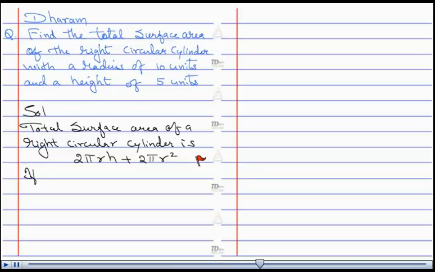Now in the question we are given that r is equal to 10 and h is equal to 5.